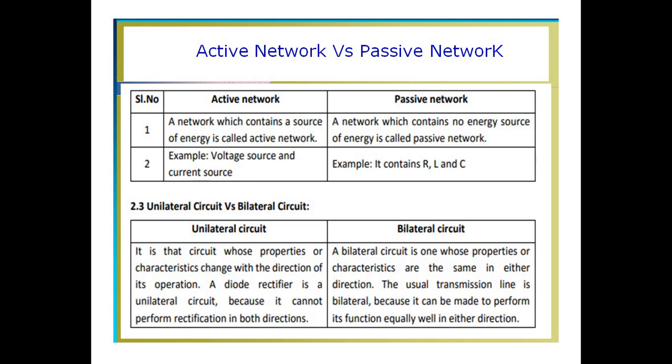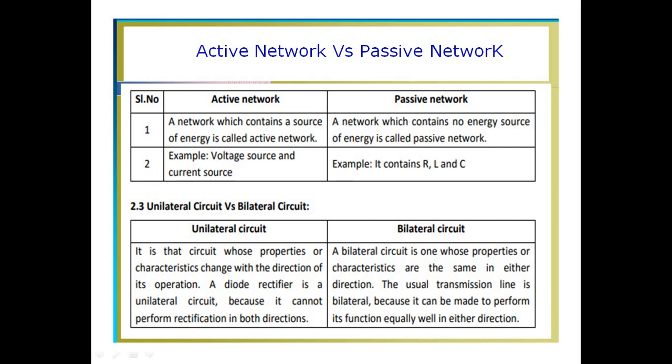Unilateral circuit and then bilateral circuit. A unilateral circuit is a circuit whose properties or characteristics change with the direction of its operation. A diode rectifier is a unilateral circuit because it cannot perform rectification in both directions.